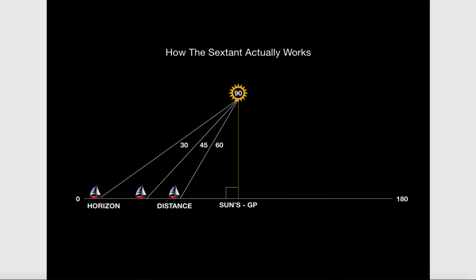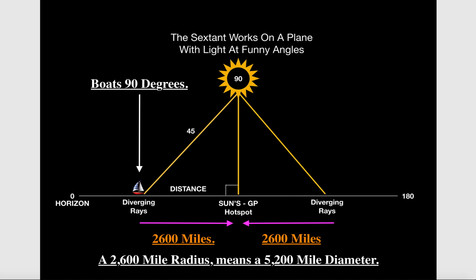So now we'll move on to the next one. Right, so here is the boat's 90 degrees, right here. Here is, let's say, a 45 degree angle to the sun. Here is 0 degrees, horizontal, the horizon line.